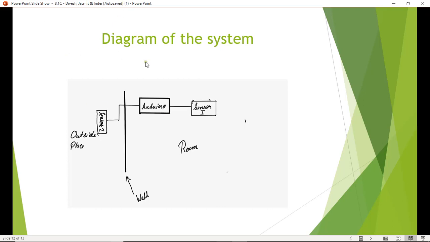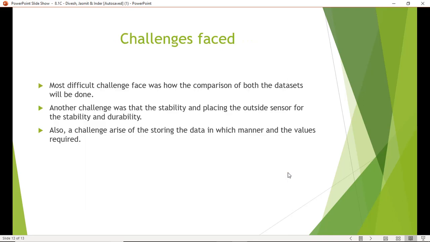These are the few challenges that we faced while making this system. The most difficult challenge we faced was how the comparison of both data sets would be done. That is, of course, part of the code, but it got more attention.